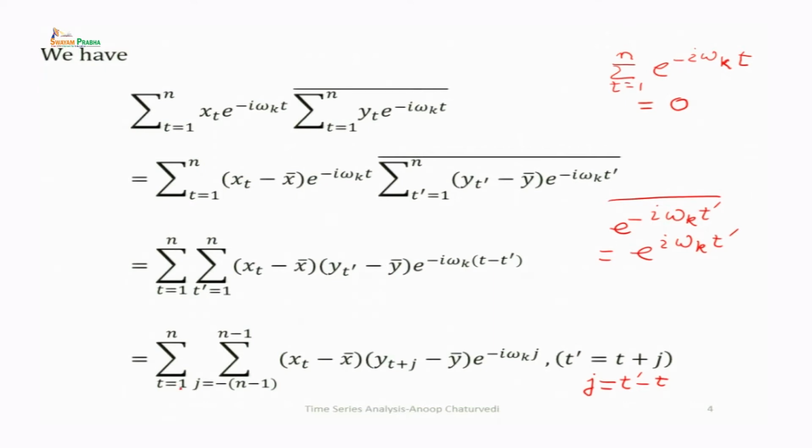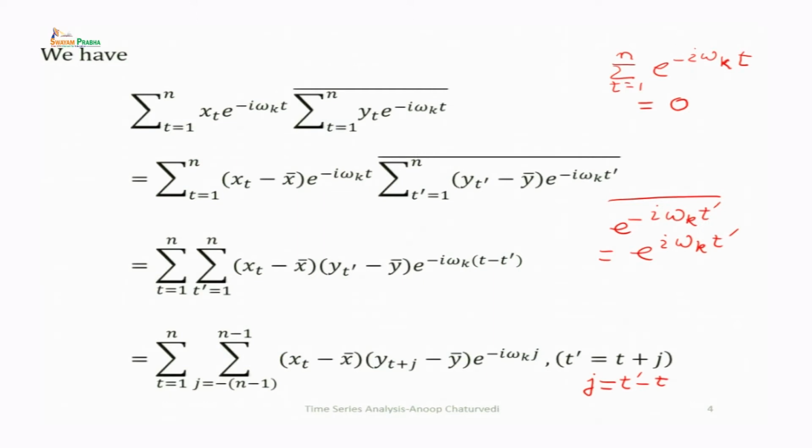So, you get summation t equal to 1 to n, and then you have summation over j, and the range of j is from minus n minus 1 to n minus 1. You get this minimum value of j, minus n minus 1, when t dash is equal to 1 and t is equal to n, and you get j equal to n minus 1 when t dash is equal to n and t is equal to 1.